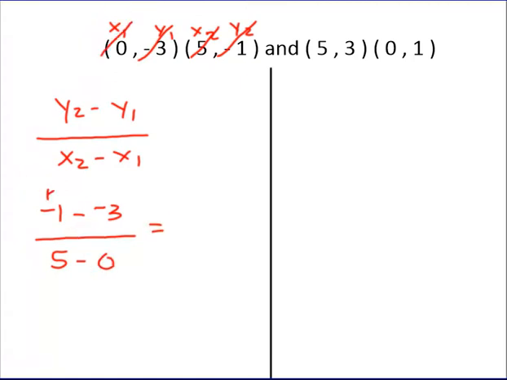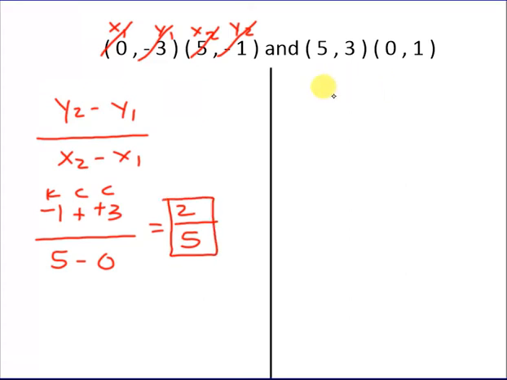Okay, so here we have keep, change, change. So we're going to keep -1, change minus to plus, and change -3 to +3. So -1 plus 3 is 2. 5 minus 0 is 5. And that cannot be simplified anymore.